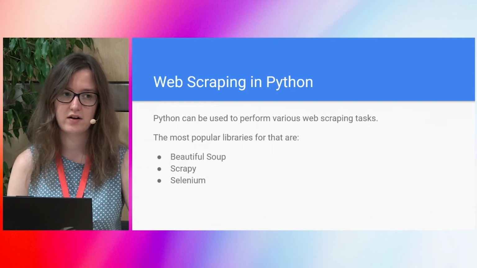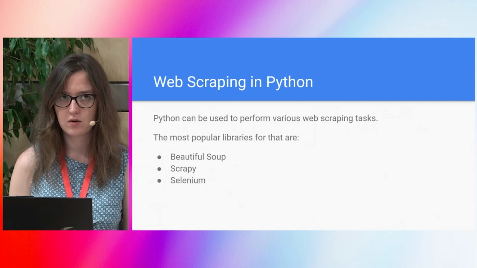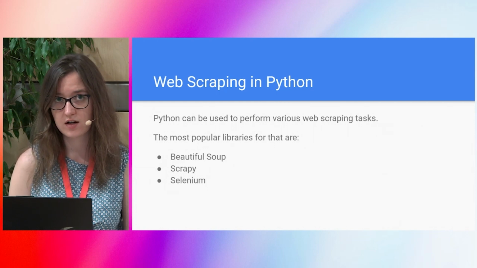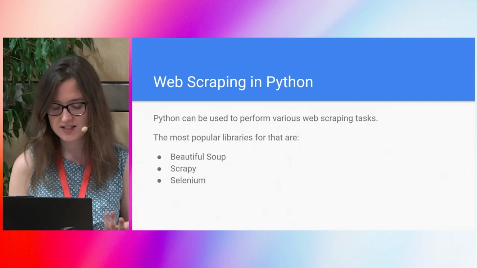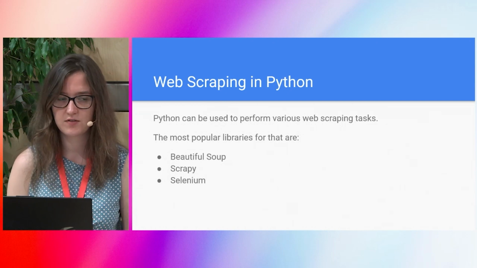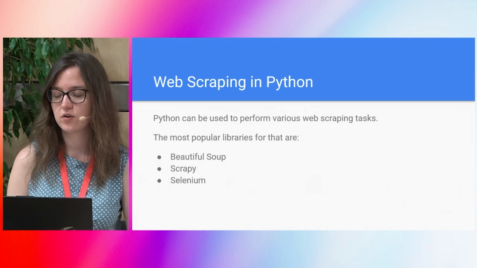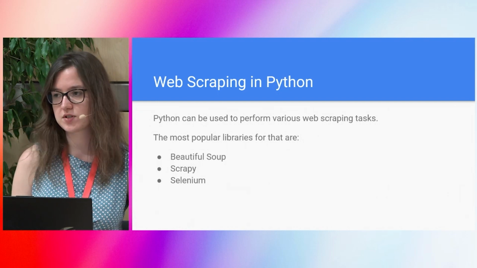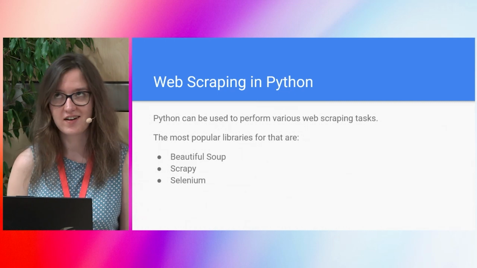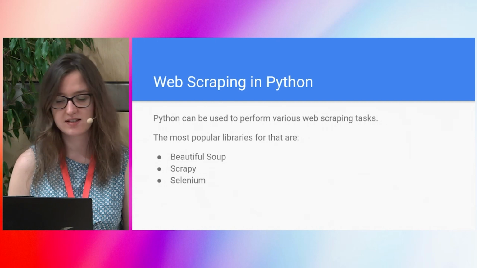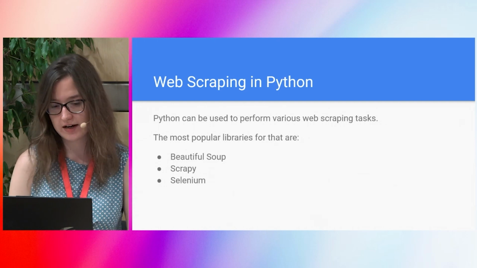And as I said, there are libraries in R as well. I was using a long time ago the library which was called rvest, I think, like harvest. So for example, if all of your code is in R, if all of your data processing pipelines are in R, then maybe it would be more convenient for you to use the libraries that R has.